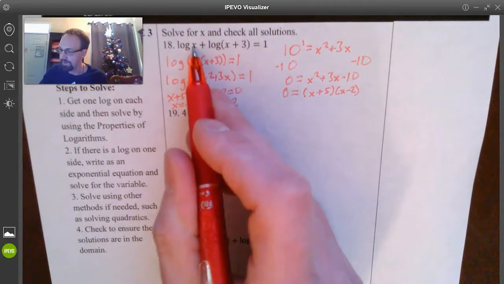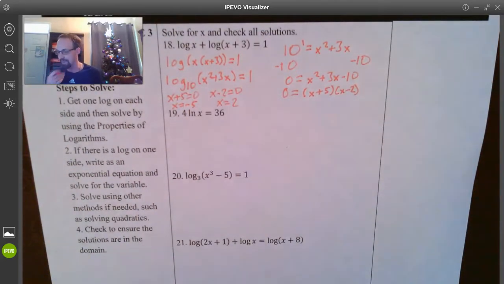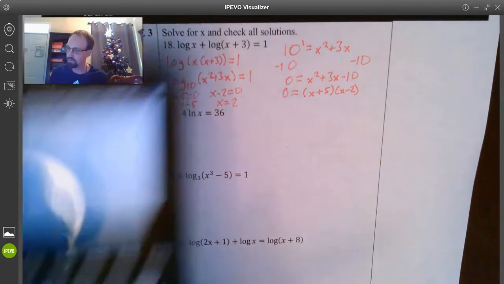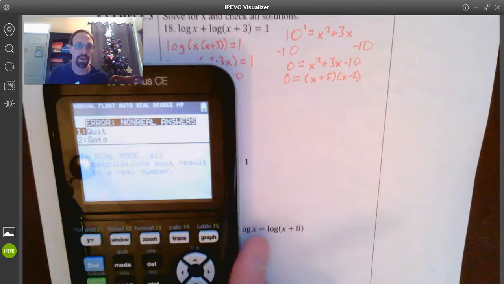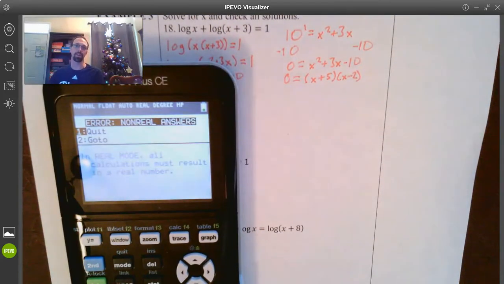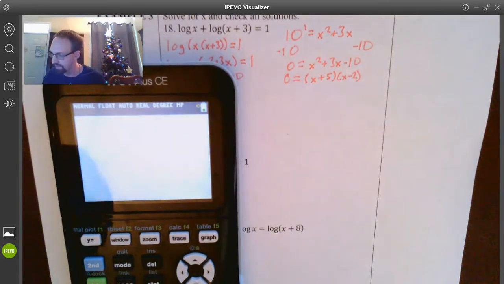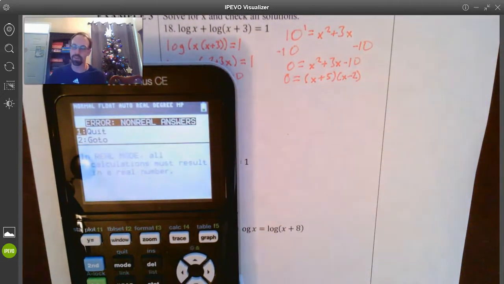If I plug in negative 5 here, log of negative 5, we talked about this a while back, gives us a non-real answer. So I know that this isn't going to work. Plus log of negative 5 plus 3, and I should get 1, so it's a non-real answer.